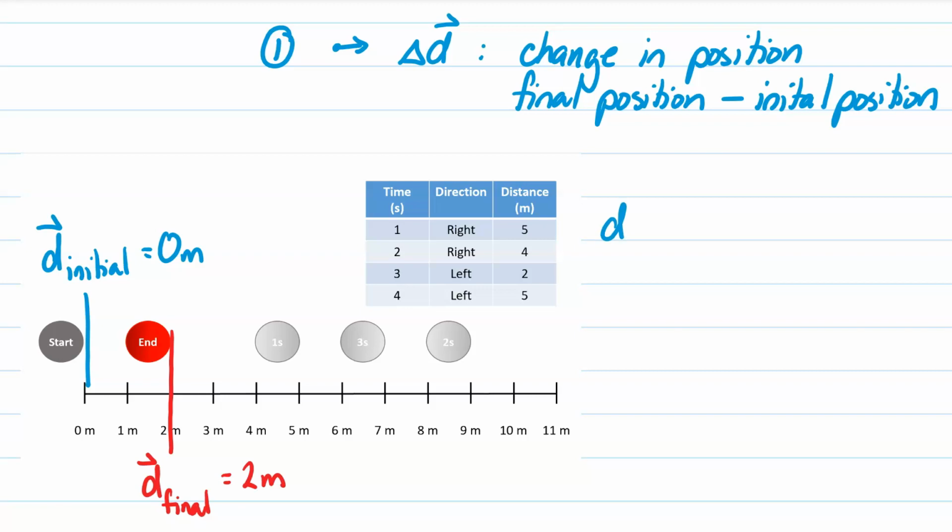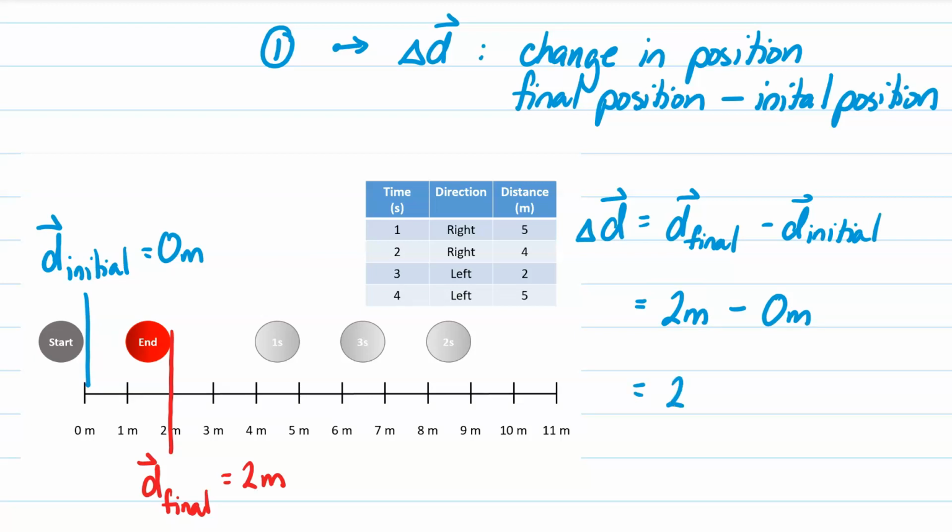So displacement is delta d with an arrow. The displacement is the final position minus the initial position. Remember, change is always final minus initial. So your final position was a position of 2 meters. Subtract from that the initial position of 0 meters. Therefore, your displacement was 2 meters.